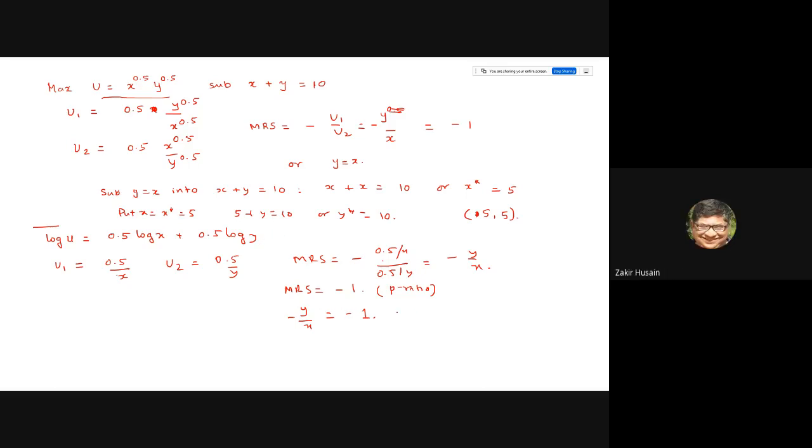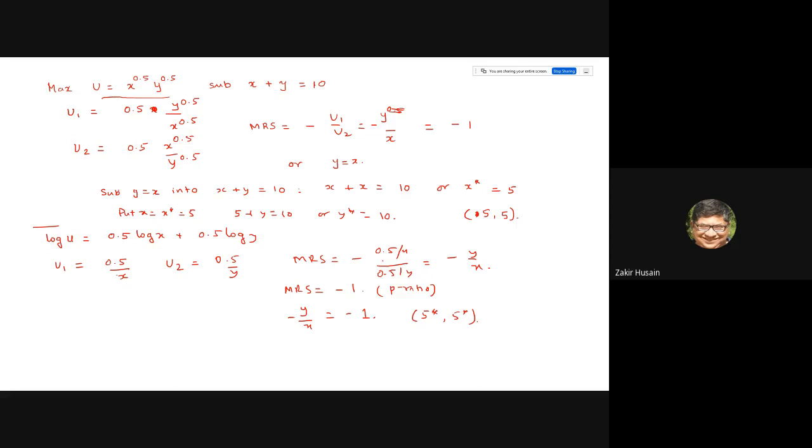So if you put it, it's going to be still 5 and 5. Okay, so if it's a log transformation, or suppose we take square of these transformations, these are all positive monotonic transformations. In that case, the utility maximizing bundle will not be affected.